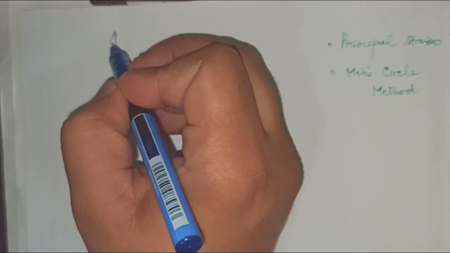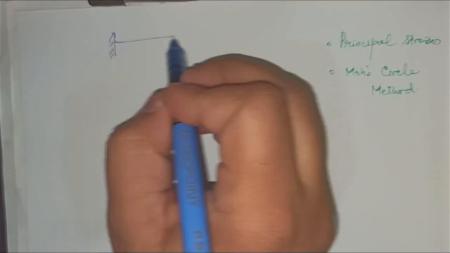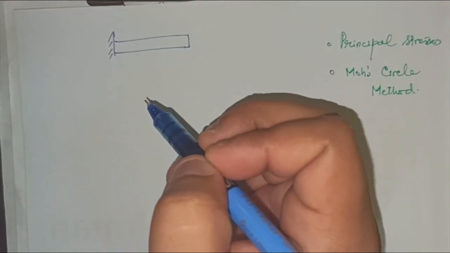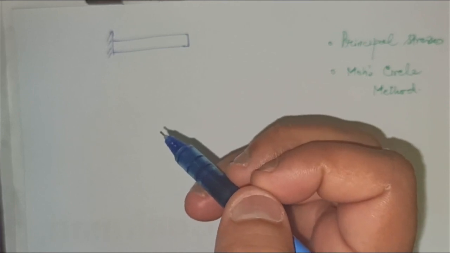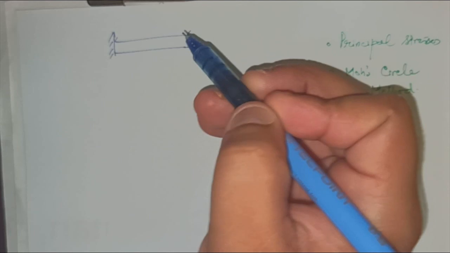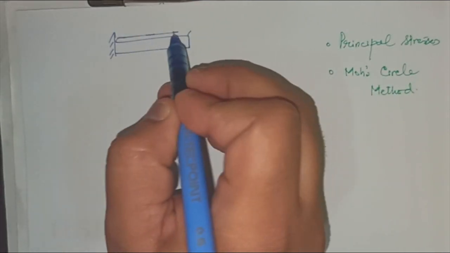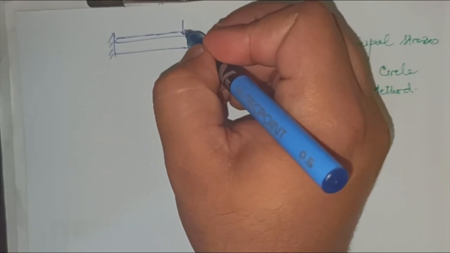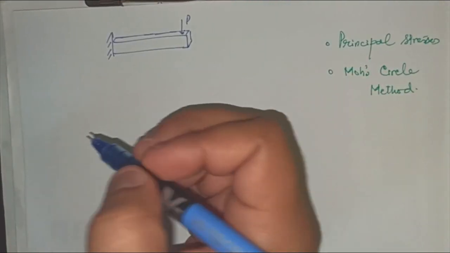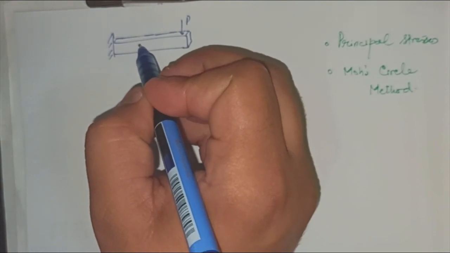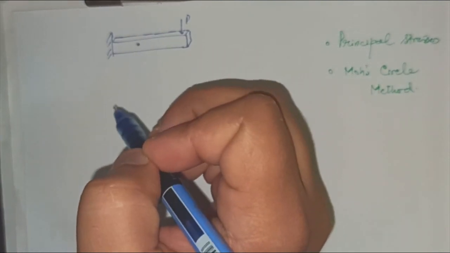We know that the designer's requirement is to know the value of maximum normal stress and maximum shear stress at a particular point. Like if we discuss our popular example of a beam being loaded by a load P, and let's say a designer is required to find out the failure stresses occurring at this point.